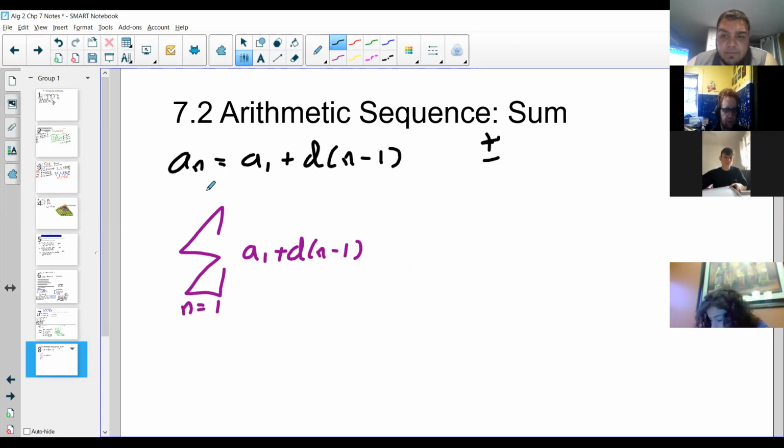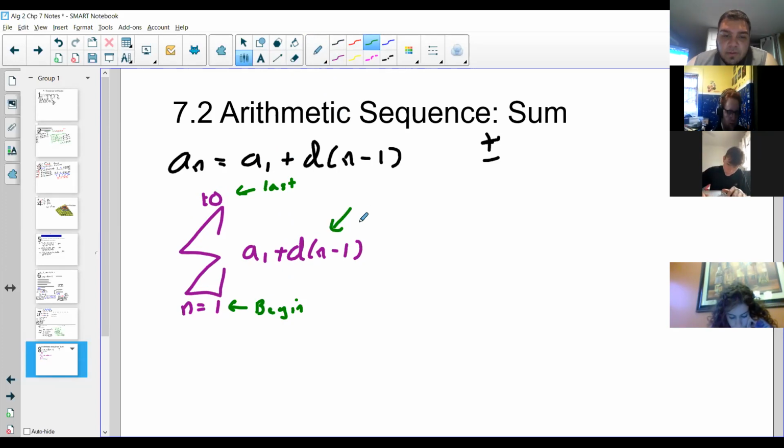Your top value is going to be some n point, let's say 10, for example. So it's the same process, though. Top is the last. Bottom's the beginning. And this is your formula.